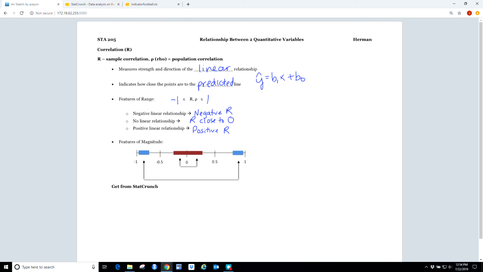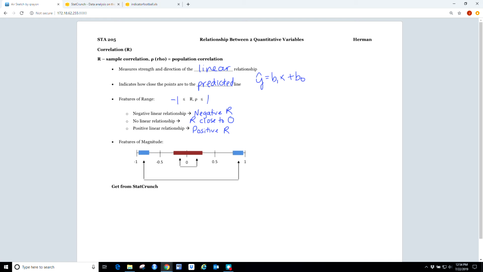So really the sign of correlation tells us the same thing as the sign of the slope. In a sense, we're not really getting anything new when we're talking about direction for correlation, because we should have already seen that in both our scatter plot as well as when we've calculated our slope. So we really already have the direction in those two different ways.